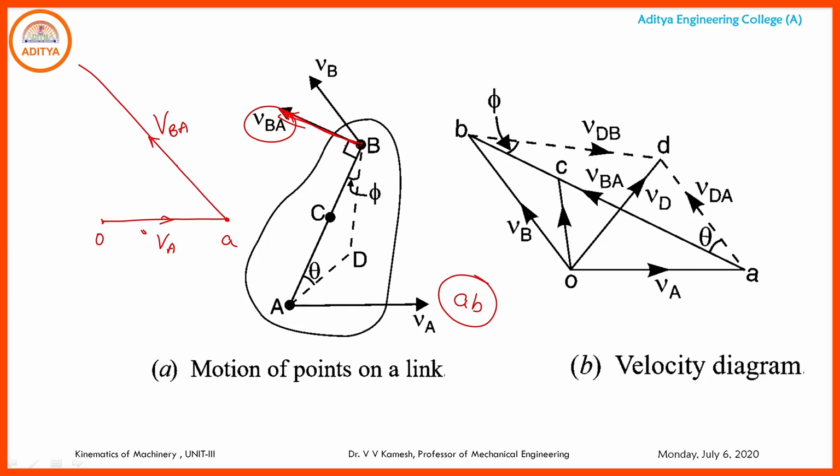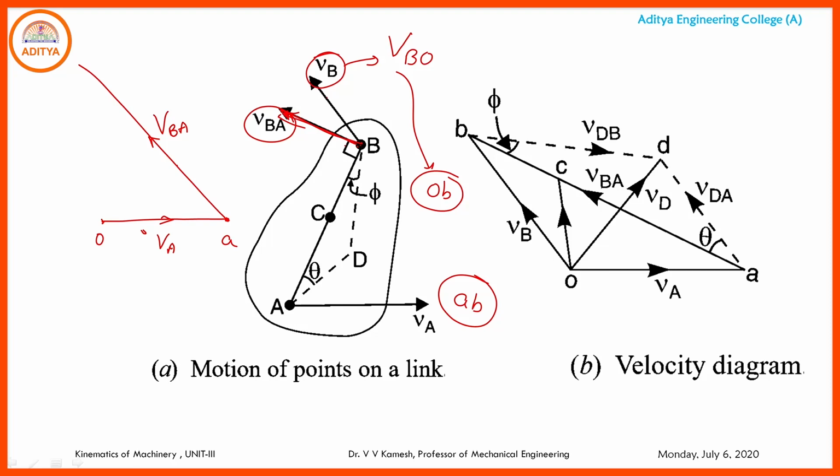Now the VB direction is given to us. VB basically means VBO, the velocity of B with reference to the standard point O. So from O I need to get OB.